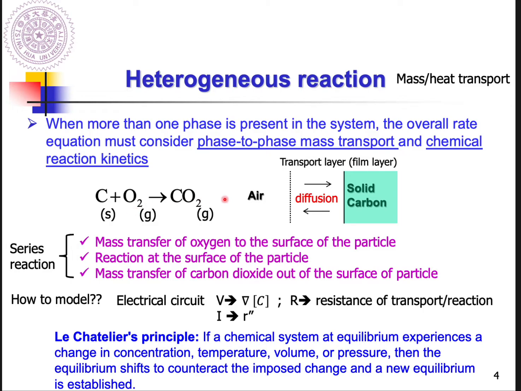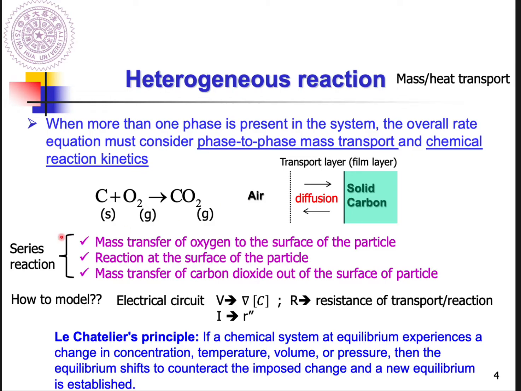And so in this case, we need to consider the mass transport between two phases. Here it means you need to consider how fast the oxygen molecules are transported to the surface of the solid carbon to start the chemical reactions.